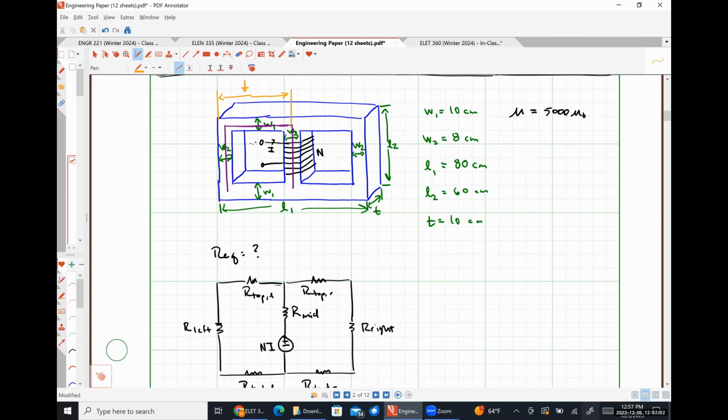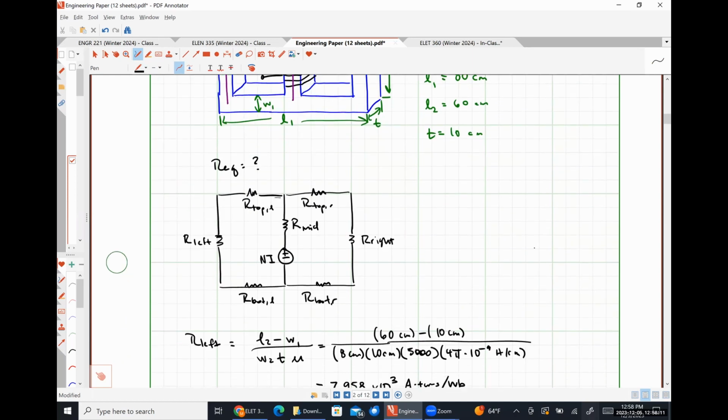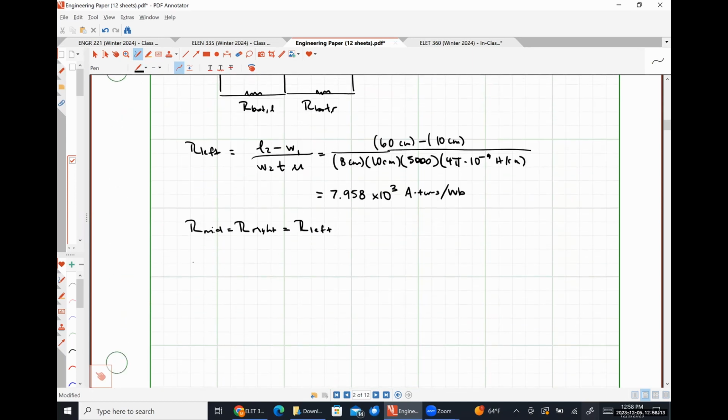Yeah, so this right here is 1/2 of L1, and then we also need to take off half of a W2. Right? So our top is going to be 1/2 of L1 minus W2.